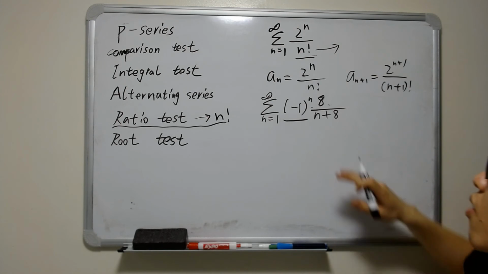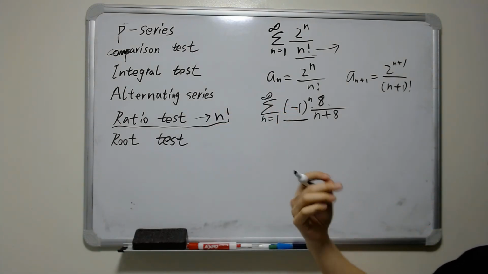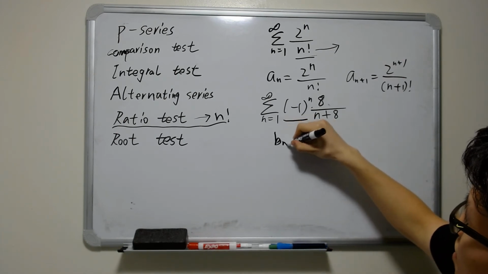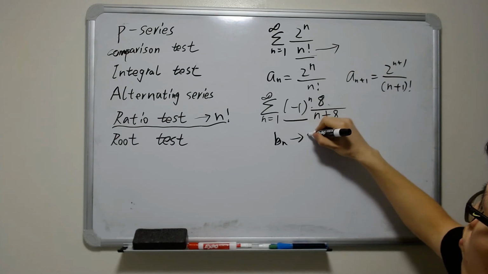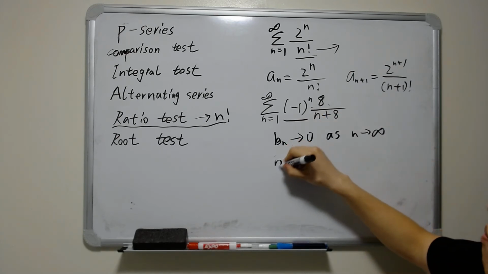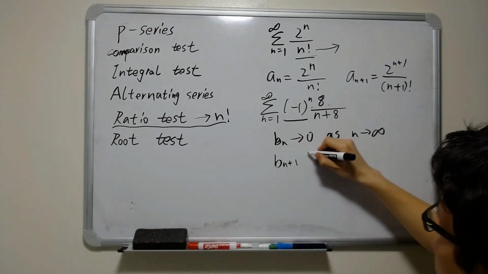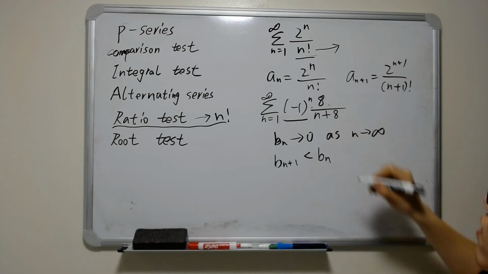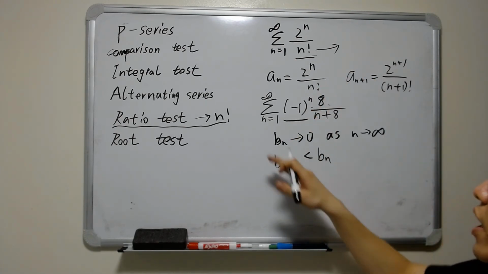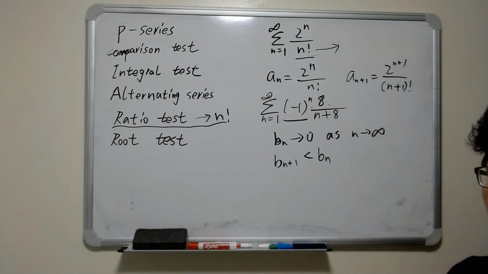So I will first try the alternating series test. We need to satisfy two conditions: bn goes to 0 as n goes to infinity, and the sequence bn is decreasing. If we drop the -1 to the n, then we can say this series converges by the alternating series test.